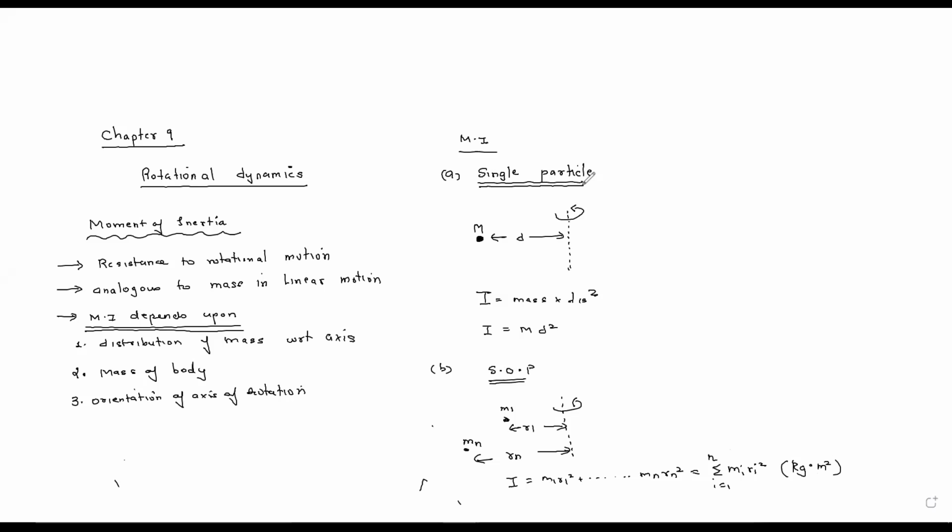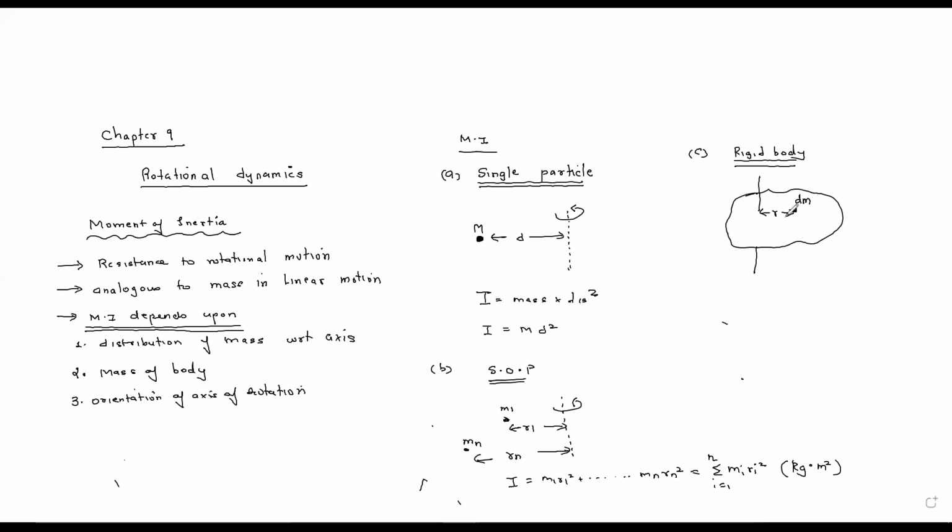Similarly, if I need it for a rigid body, this is any rigid body, and this is the axis on which I need to find moment of inertia. What will we do? We take a small particle of mass dm at distance r.